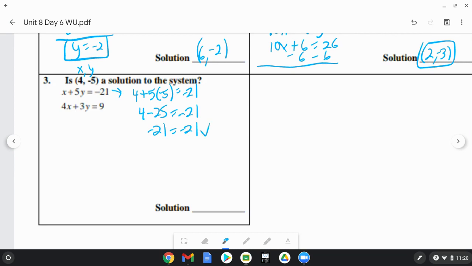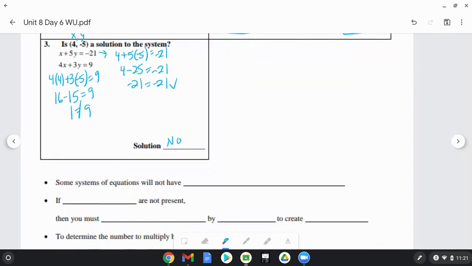So that works for the top. For the bottom, that'd be 4 times 4 plus 3 times negative 5 equals 9. So that's 16 minus 15. So that's 1 equals 9. So that doesn't work. So no, it's not a solution. So that's from day 1, I believe.